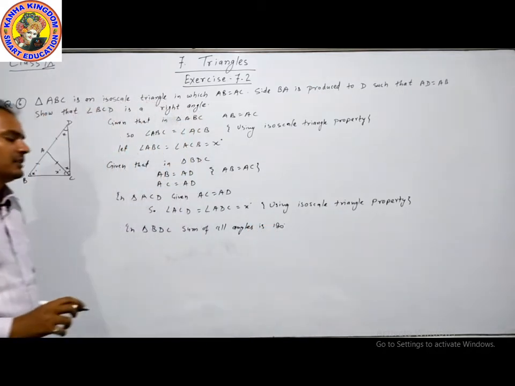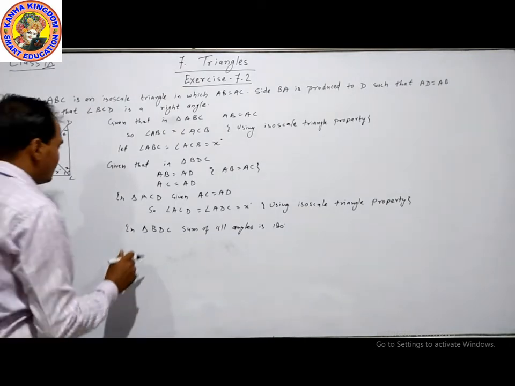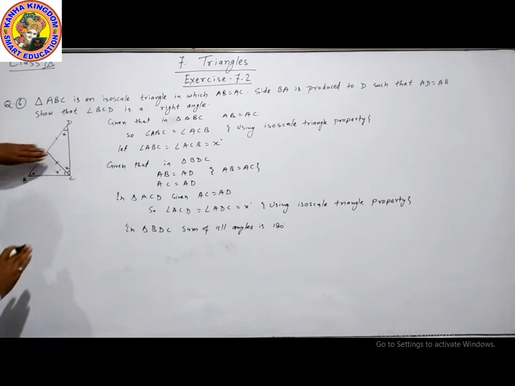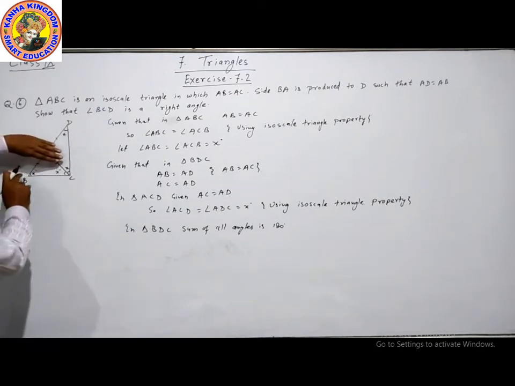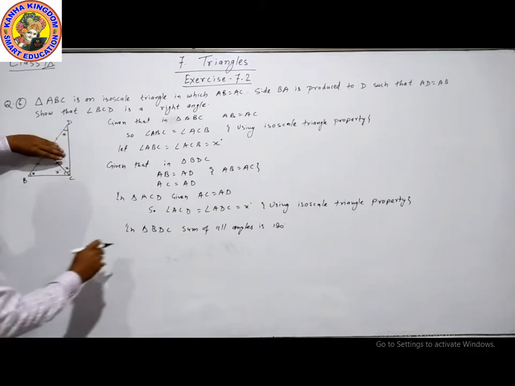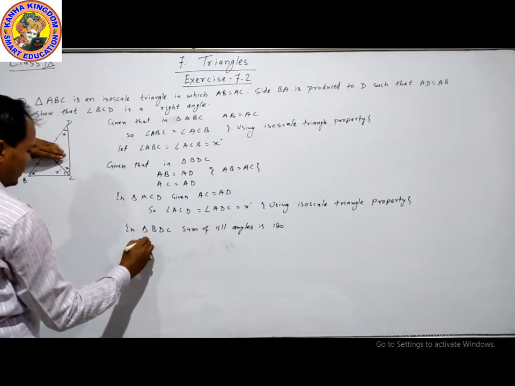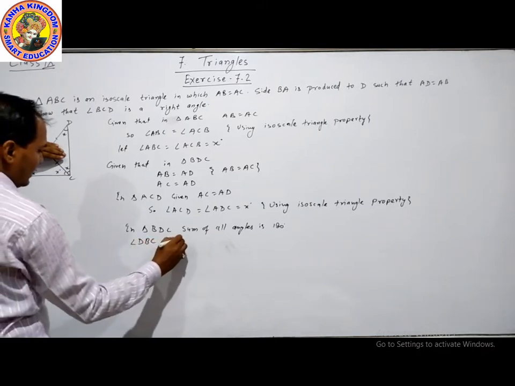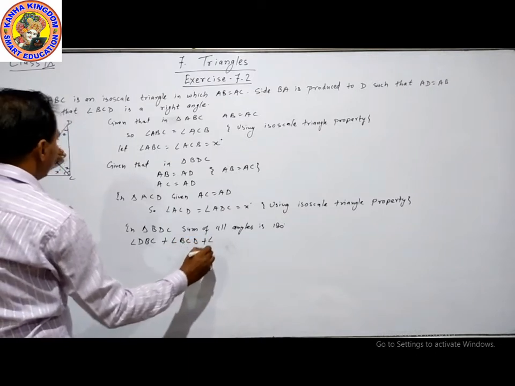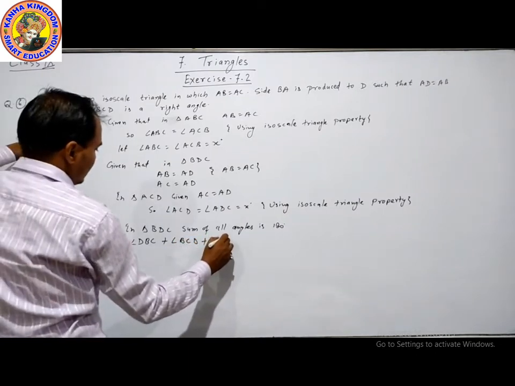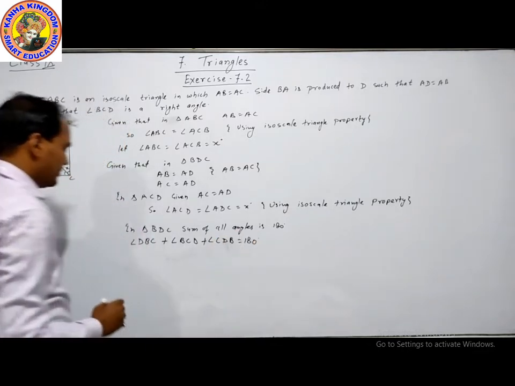We know that in a triangle the sum of all angles is 180 degrees. So in the complete triangle BDC, angle DBC plus angle BCD plus angle CDB is 180.